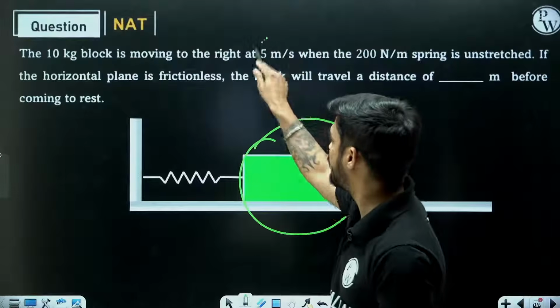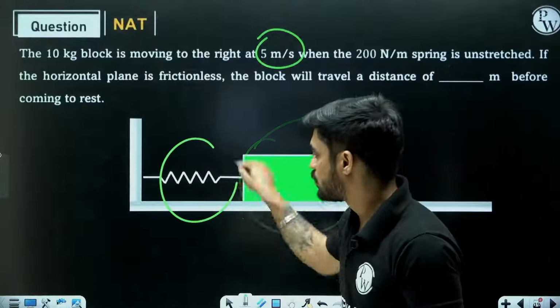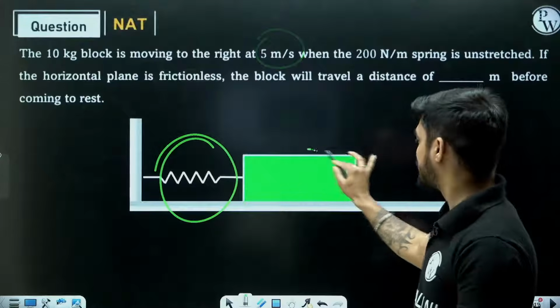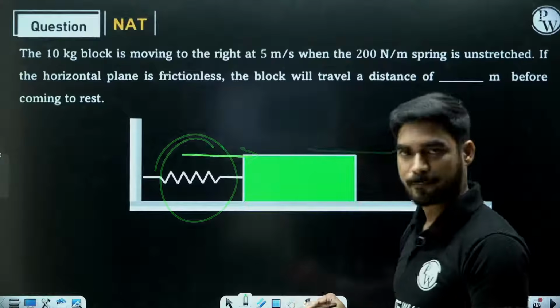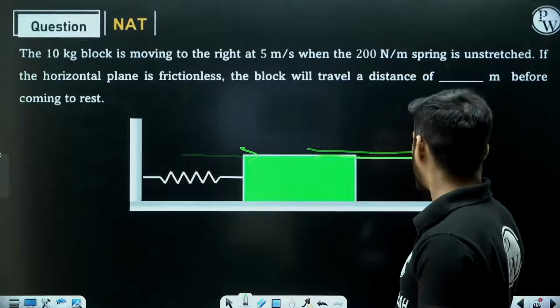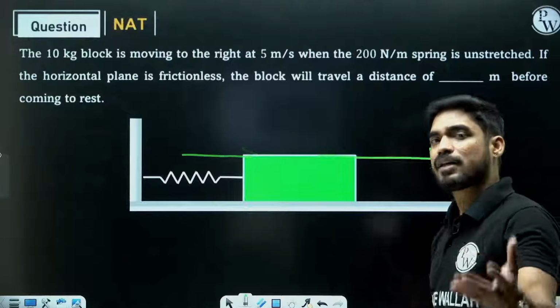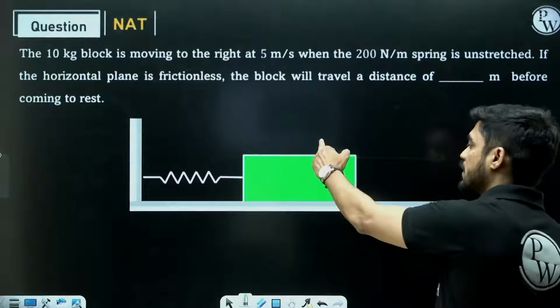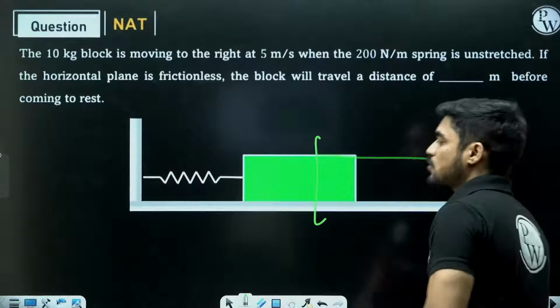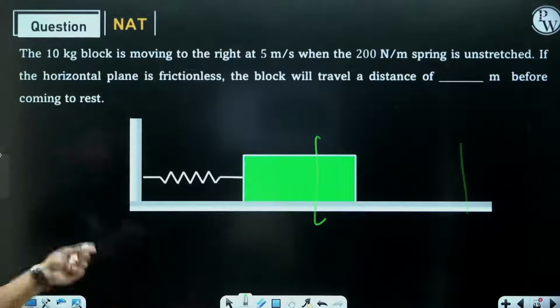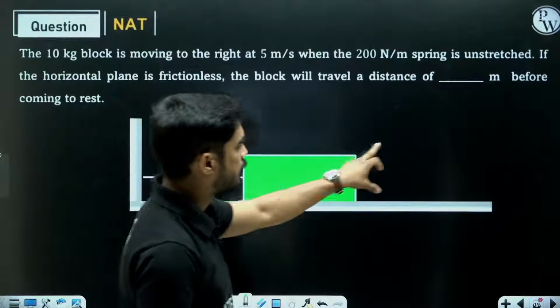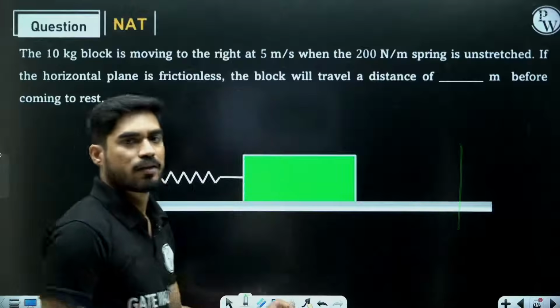Right now it is 5 meter per second when there is no deformation in spring, but as it starts moving, deformation in spring will start increasing and the velocity of block will start decreasing. After a certain point, the velocity of block will become 0. So they are asking you, what will be the distance traveled by this block when the velocity becomes 0?